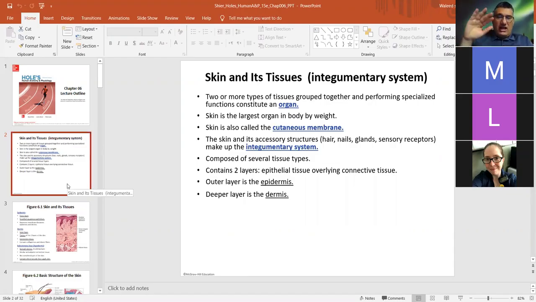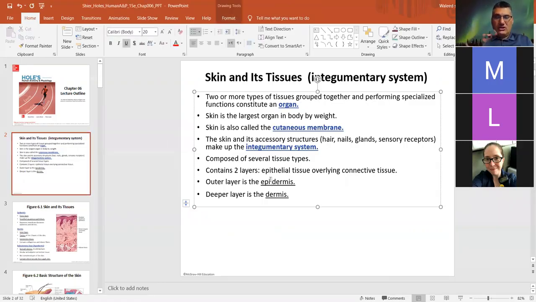Dermis is the inner one. Epi is a prefix that means on top of, superficial to something. So the epidermis is on top of the dermis. If I'm touching my skin from outside, this is the epidermis. Where is the dermis? You don't see it, it's underneath.